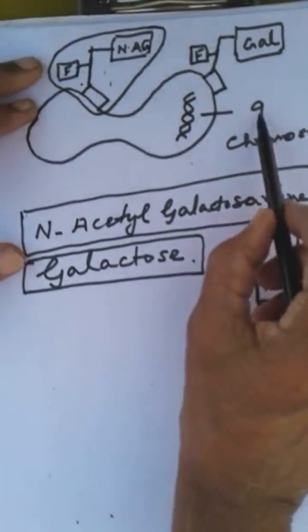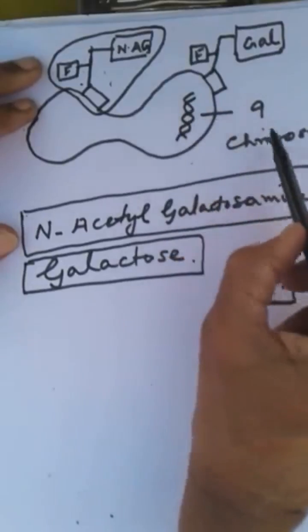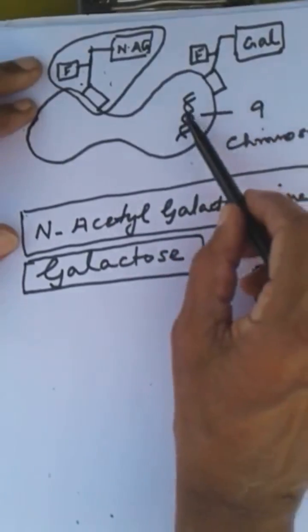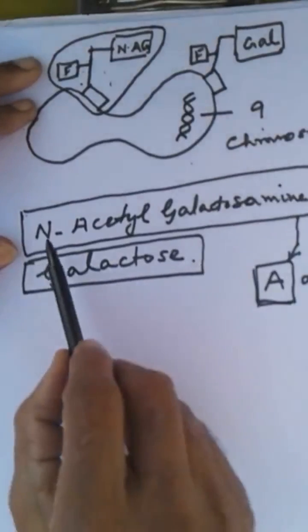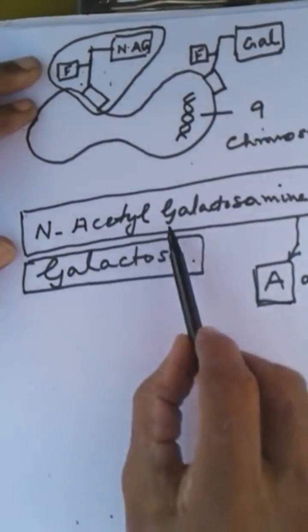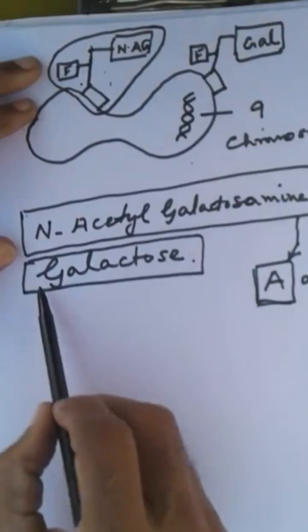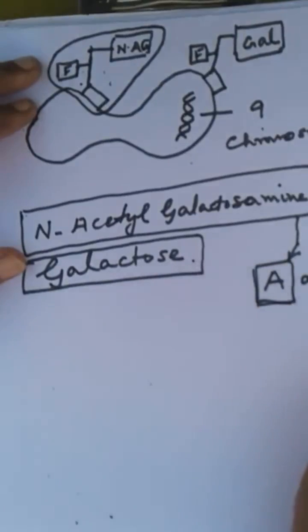It is all from the same gene appearing in chromosome number 9. A gene expresses, it produces two enzymes. One is N-acetyl-galactosamine transferase. Another is galactose transferase.